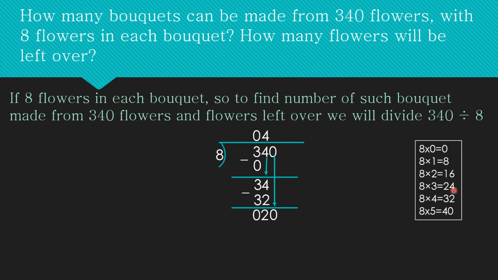So we will take smaller than it, that is 16. So we will divide how many times now? 2 times. 8 2s are 16. So we will write 2 on the top and 16 down below 20. Now 20 minus 16, we will get the answer 4.